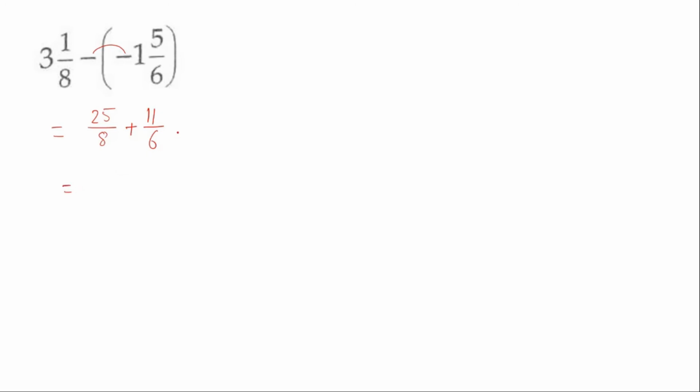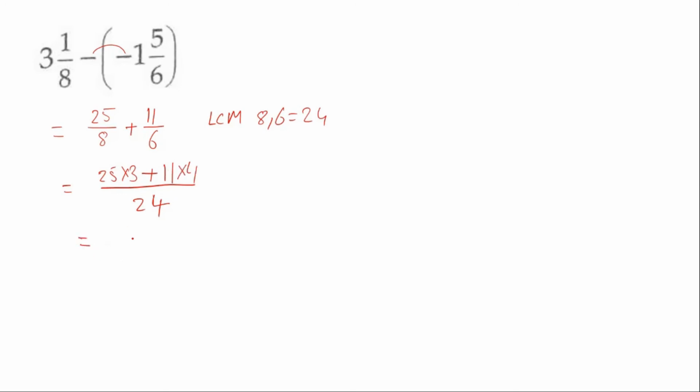The LCM of 8 and 6 is 24. So we will write 24. 8 3s are 24, so we will multiply 25 with 3, plus 6 4s are 24, so we will multiply 11 with 4.